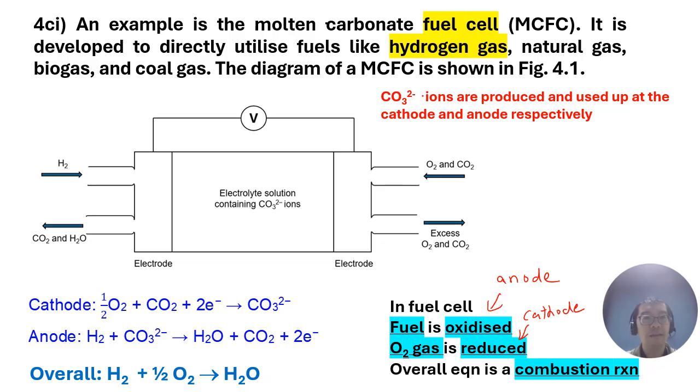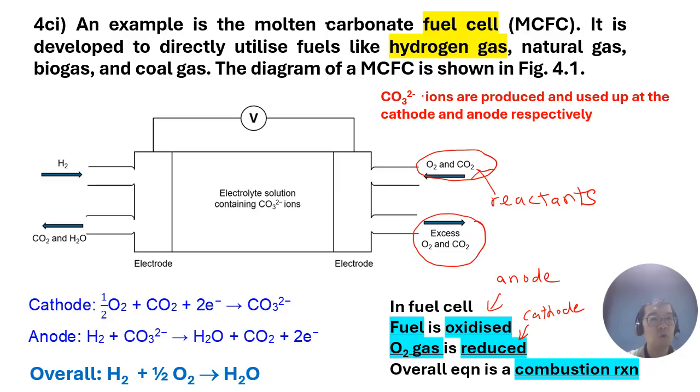And why do I say you need to deduce the clues from the diagram? Because if you take a look at the electrode compartment on the right hand side, O2 and CO2 are supplied, and then what is the output? Excess O2 and CO2. What they are trying to hint to you is that O2 and CO2 are the reactants.